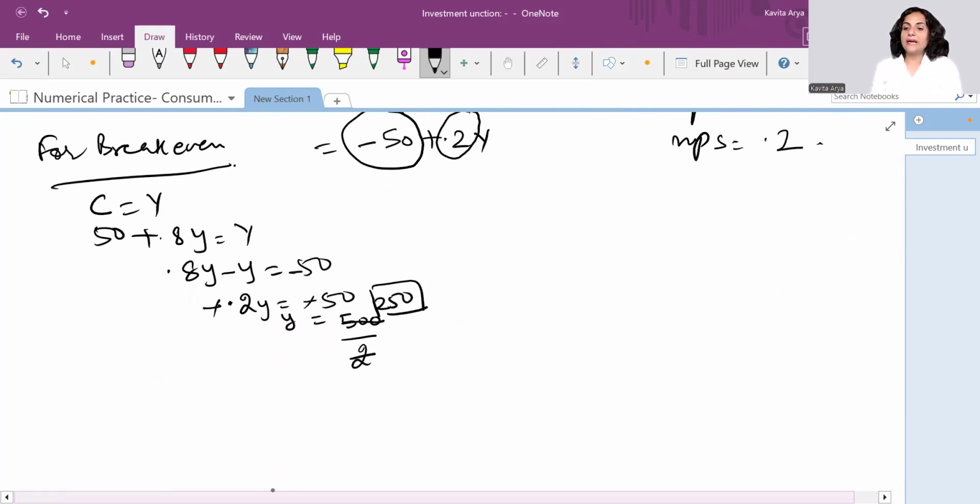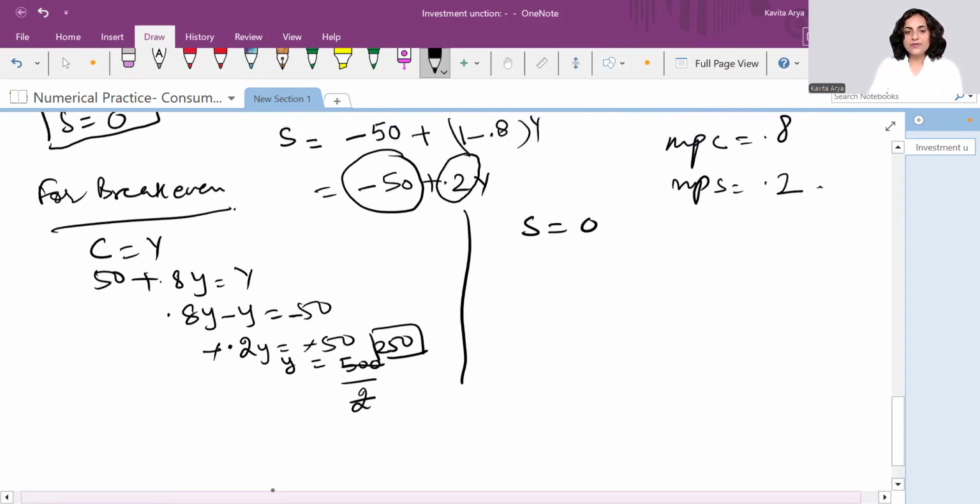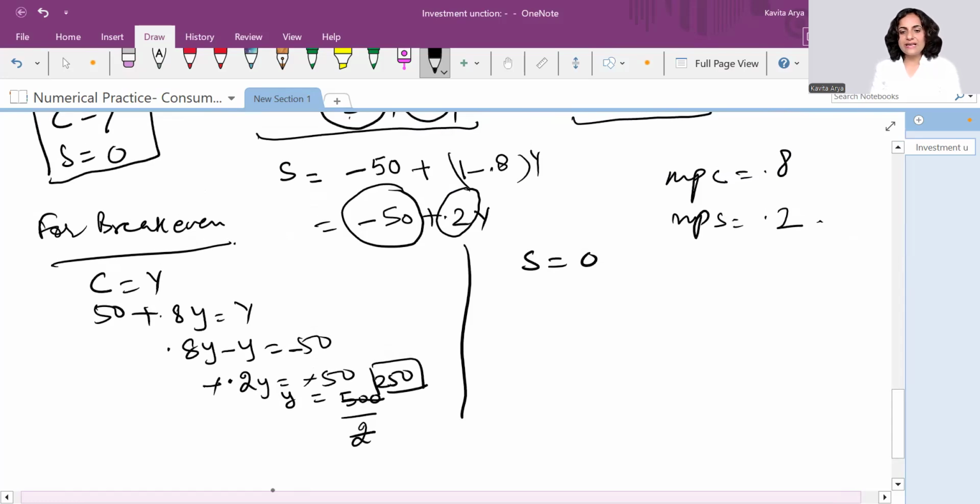Let's verify it by the other approach. The other approach says the break-even is where S is equal to 0. So let's put the S function equal to 0. And which is the S function? S is minus 50 plus 0.2Y, just above. So minus 50 plus 0.2Y is equal to 0.